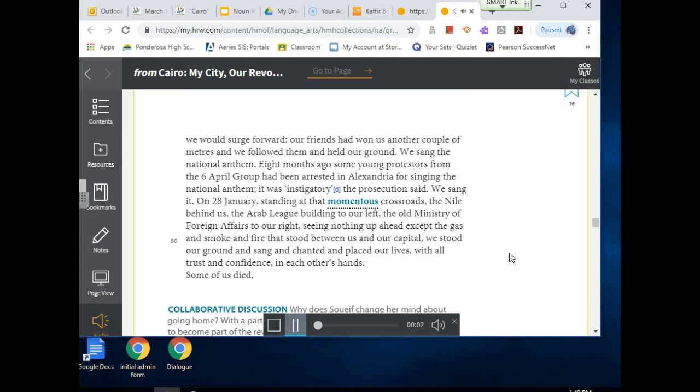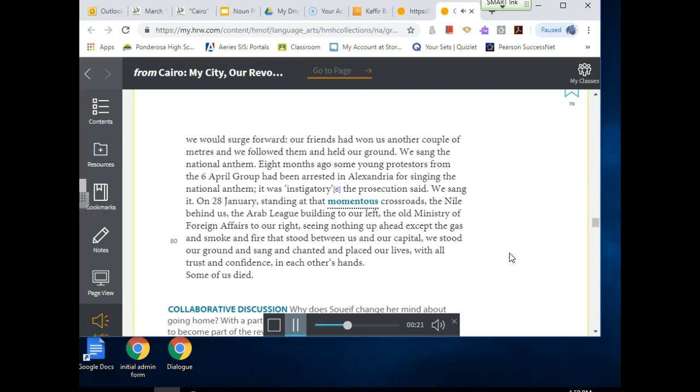We sang the national anthem. 8 months ago, some young protesters from the 6th of April group had been arrested in Alexandria for singing the national anthem. It was instigatory, the prosecution said. We sang it.